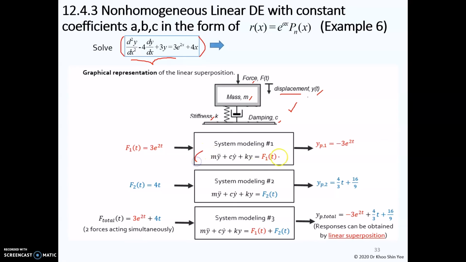Based on the second order ODE here, the right hand side is the force. So you want to know, under this force acting on the system, which consists of the mass coefficient, damping coefficient and stiffness coefficient, you want to compute y with respect to t.